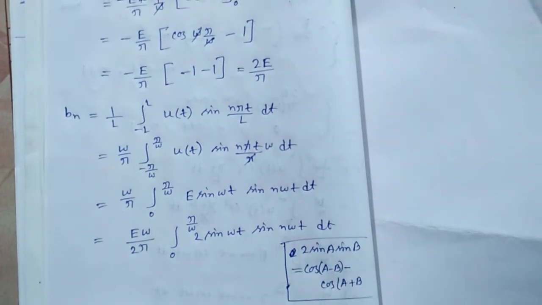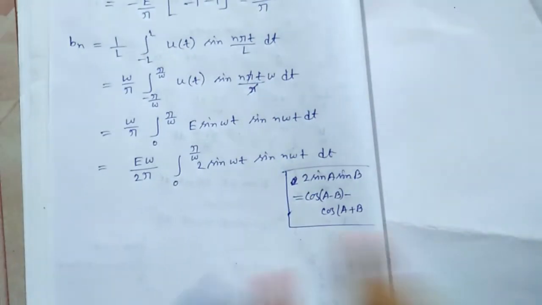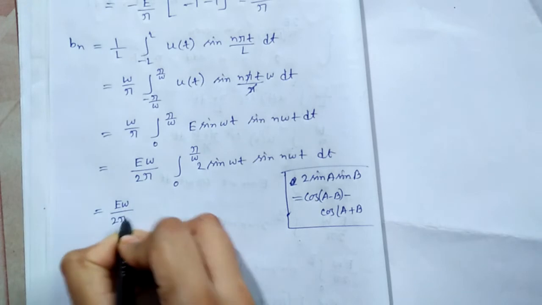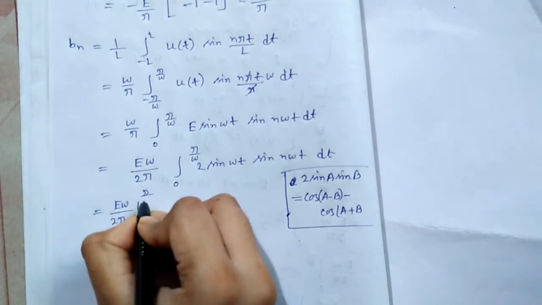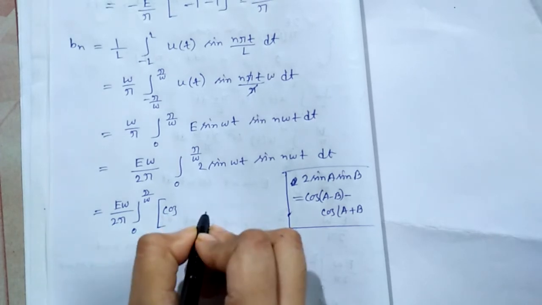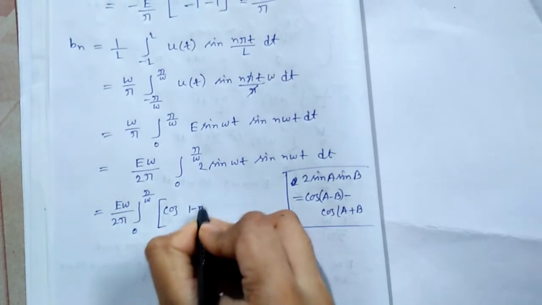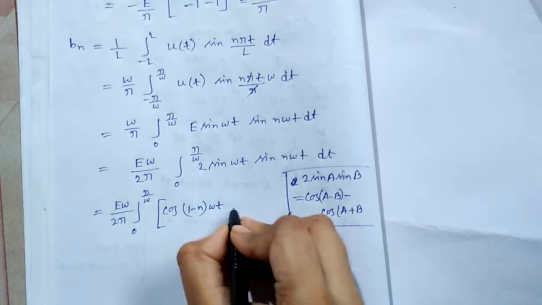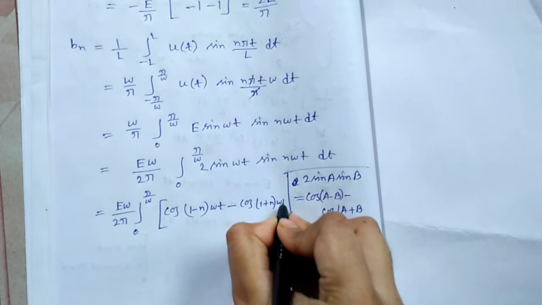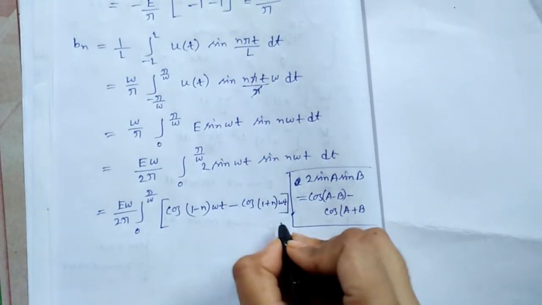This is a known formula. So using this formula we get e omega by 2 pi, integration 0 to pi by omega, cos((1 minus n) omega t) minus cos((1 plus n) omega t) dt.